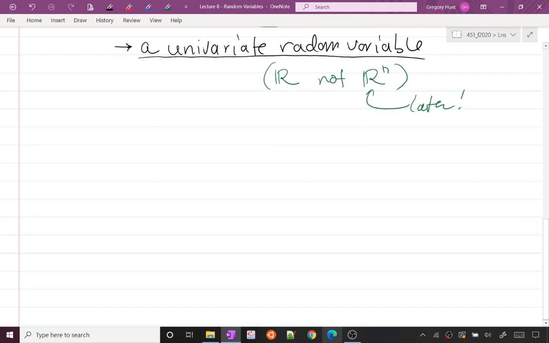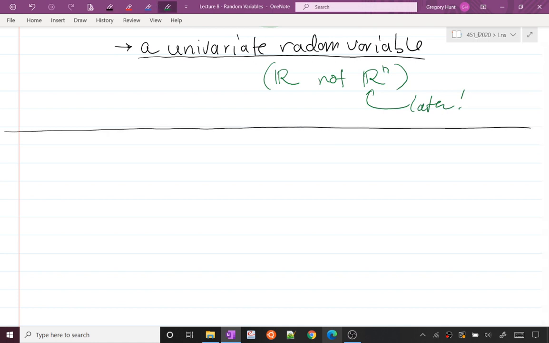Let's look at some more examples of random variables. Example one. Let's say I toss 2 dice, and a random variable x. You can pause and think of some.